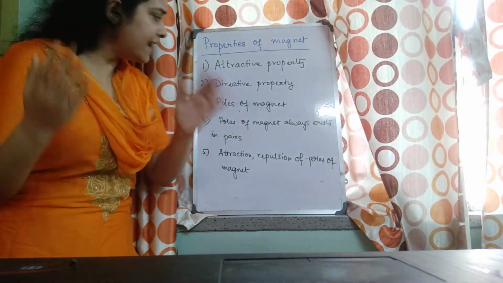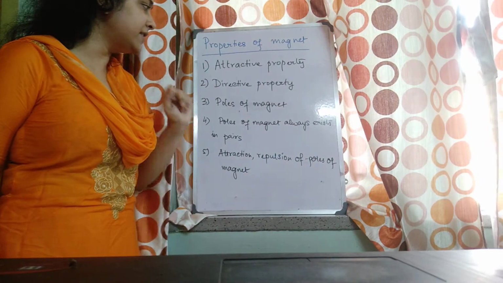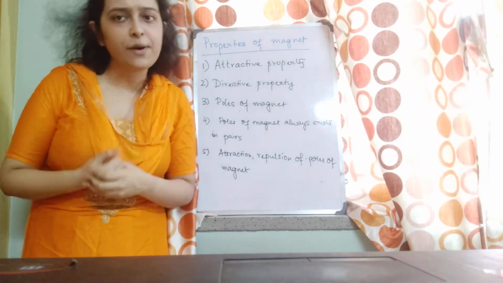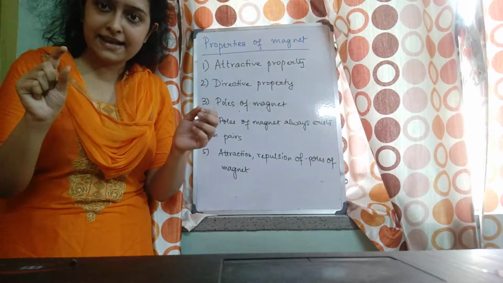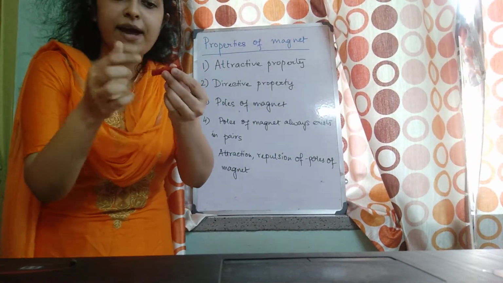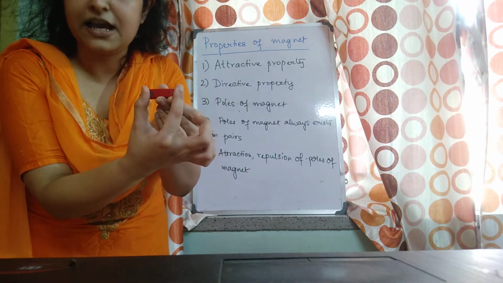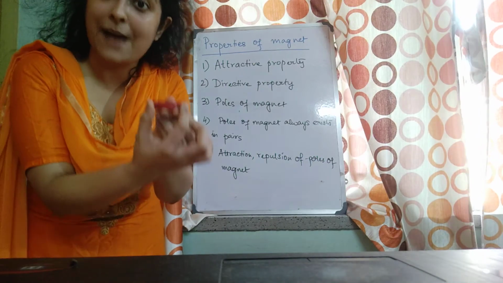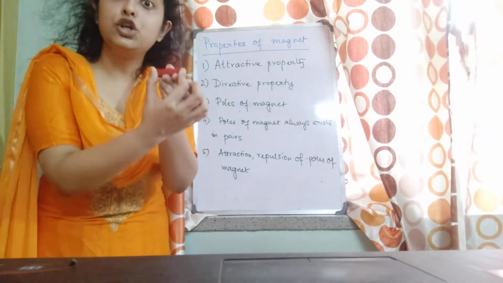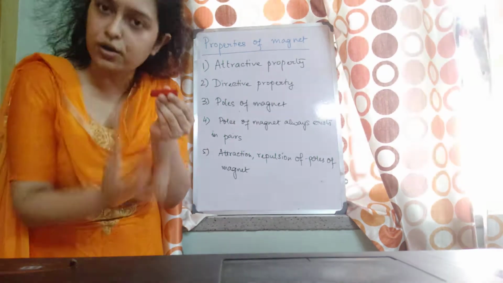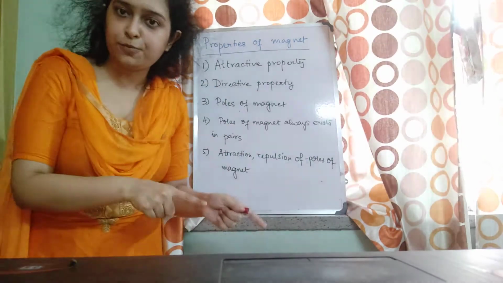So there comes a third property, which is the poles of a magnet. What do you mean by the poles of a magnet? The two extreme ends of a bar magnet, where the magnetic strength is maximum, are the two poles of the magnet. So a magnet always has two poles, north pole and south pole.